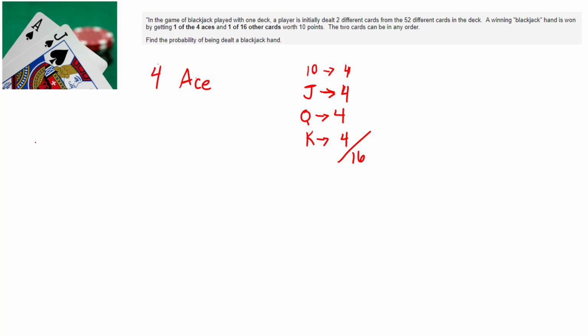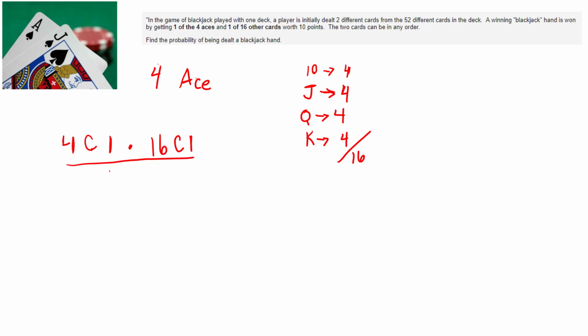So if we say that one of the cards is an ace and one is one of the other cards, this is combinations. How many ways can you draw an ace? There are 4 aces, combination taken one at a time, times 16 of the other cards, combination taken one at a time, because you're only getting 2 cards.